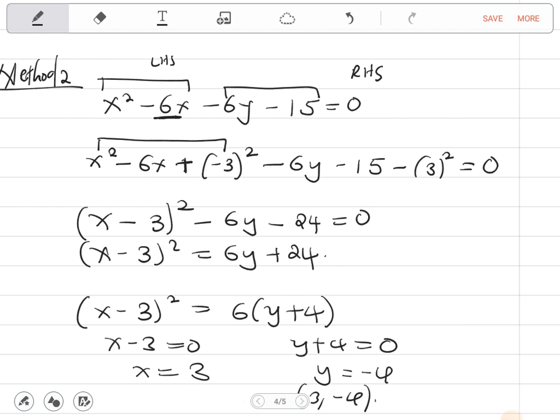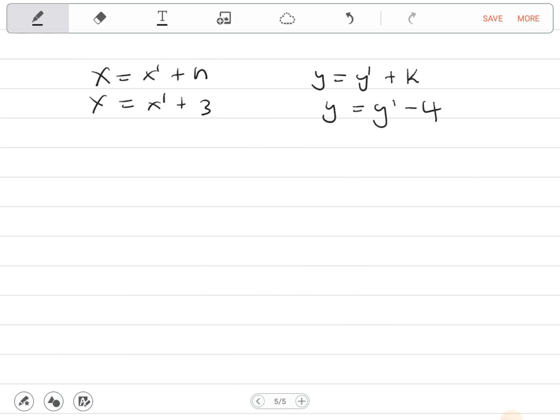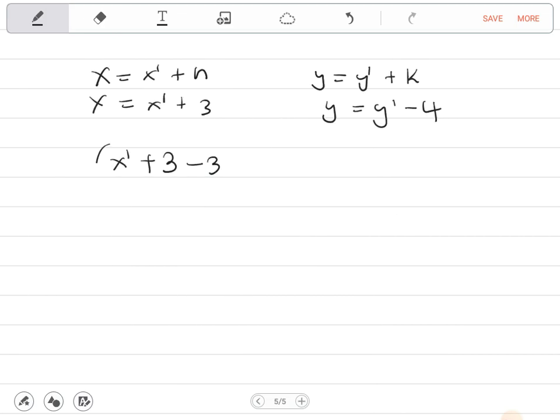Let's go back to where we ended. Where did we end? Here. So let's now take x back. So we have x minus, our x is this, so we have x prime plus 3 minus 3, squared, is equal to 6.